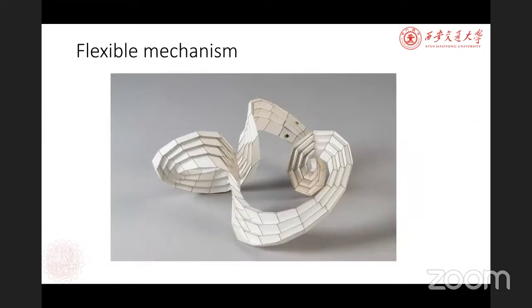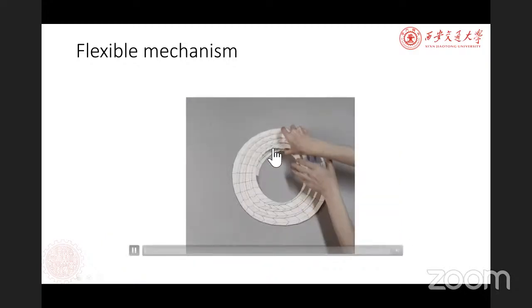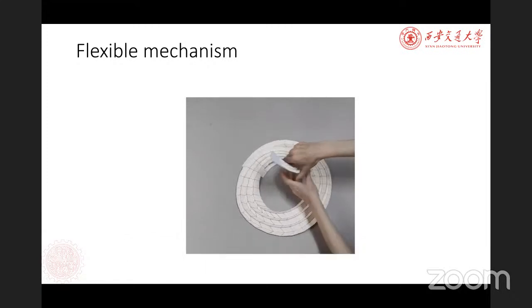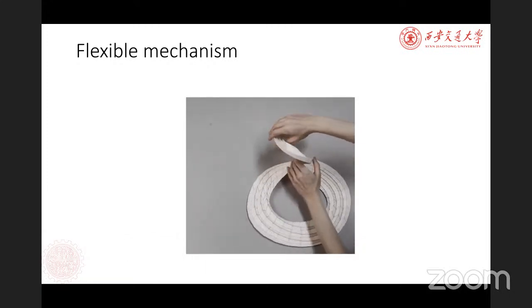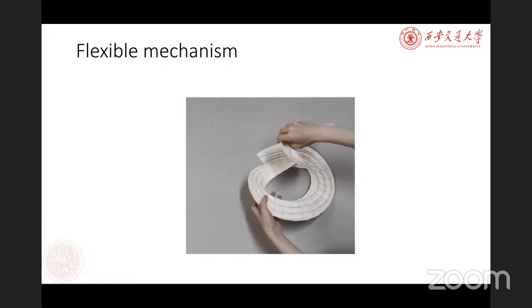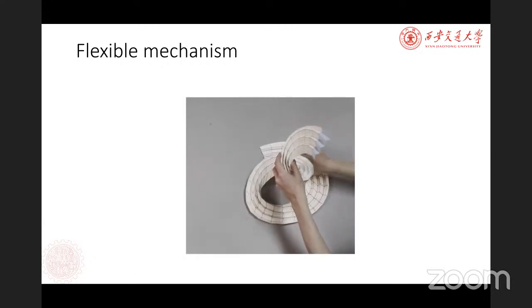The property of principal pleated structure also implies that it is a flexible mechanism. This is a real model for a principal pleated structure. This physical model can be folded continuously from its 2D form. During the deformation, the constant folding angle is always true.